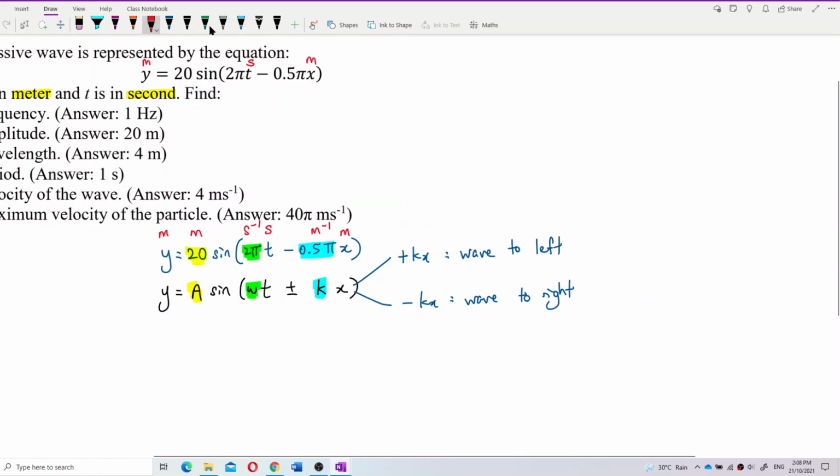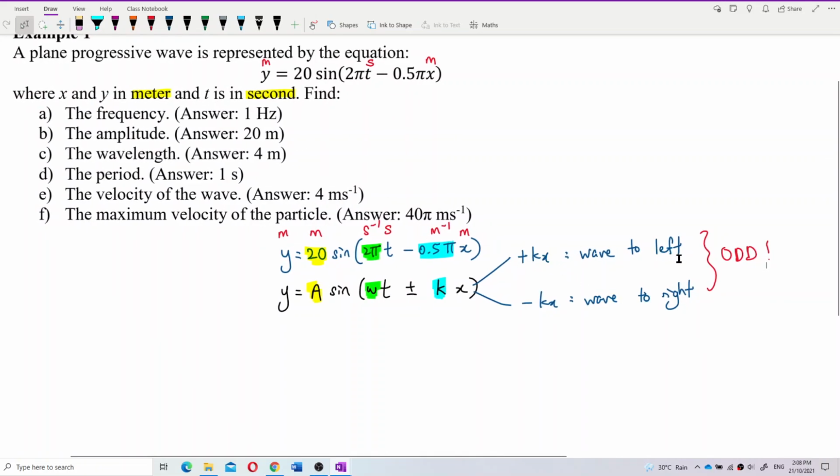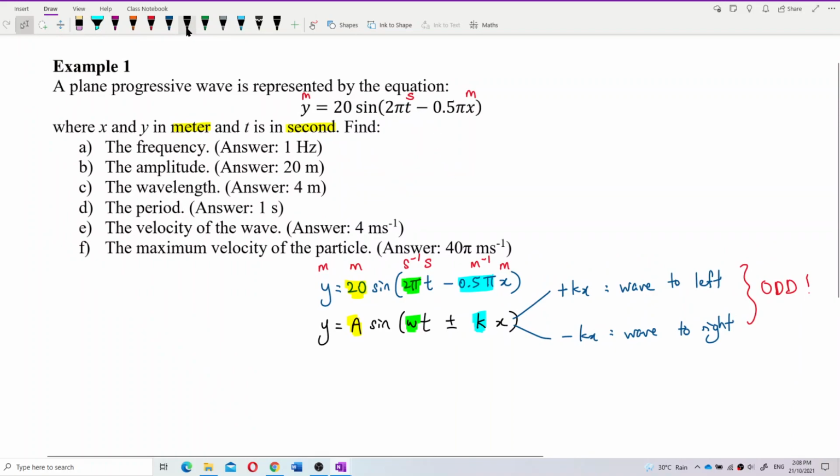What I can say, you just think that this is odd. Okay, it's odd. So progressive wave is a bit odd, so the sign is a little bit different. Never mind, just remember. Here, this question is using negative kx.